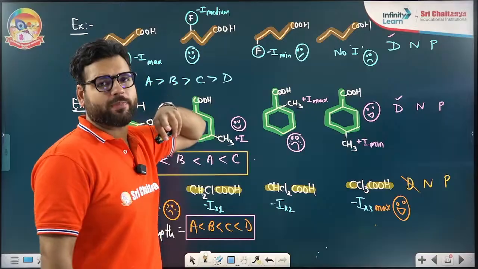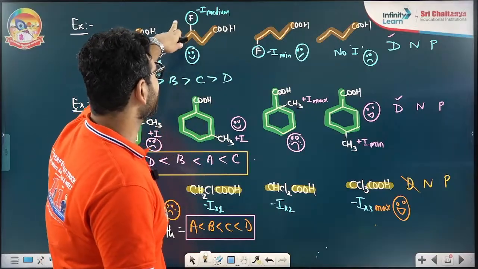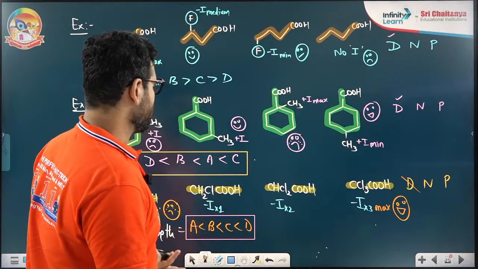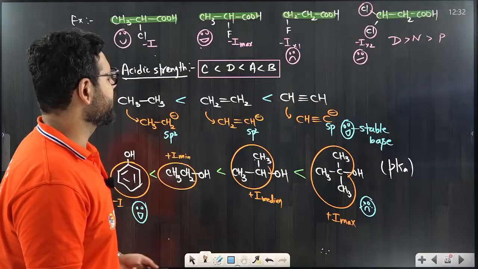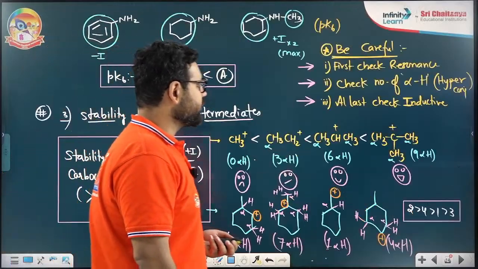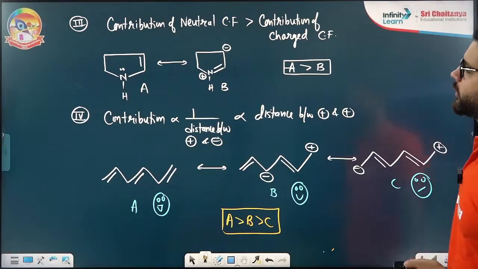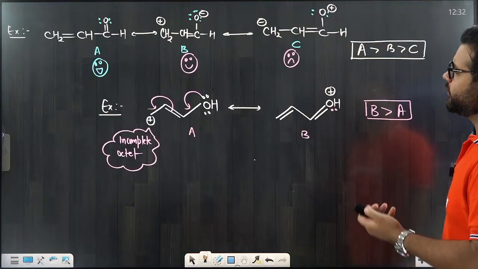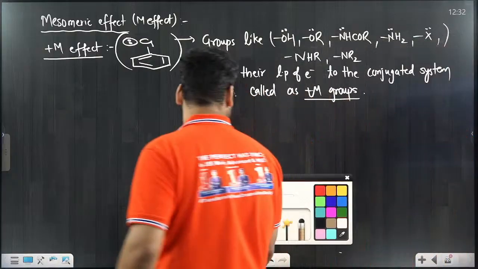This fluorine is actually a plus M group, but here I am just taking it as minus I because the lone pair of fluorine is not in any conjugation. Here chlorine is also not in any conjugation, so I have taken it as minus I. In the same way, whenever you see conjugation, you will take them as plus M or donors. When you don't see conjugation, you can directly go for inductive effect and call them minus I groups.